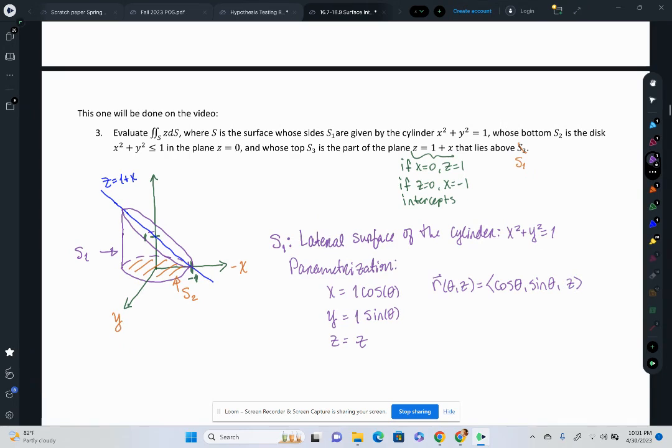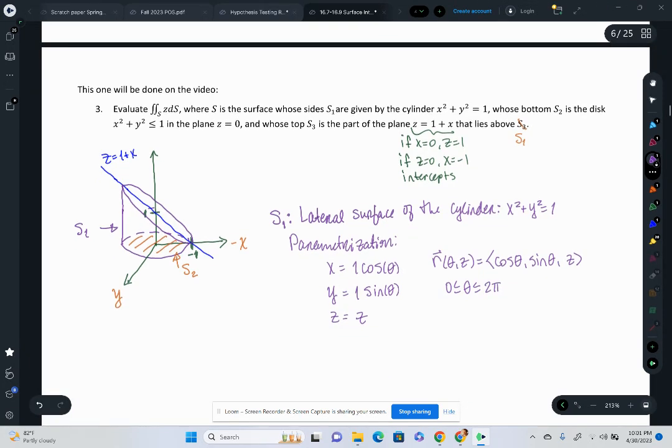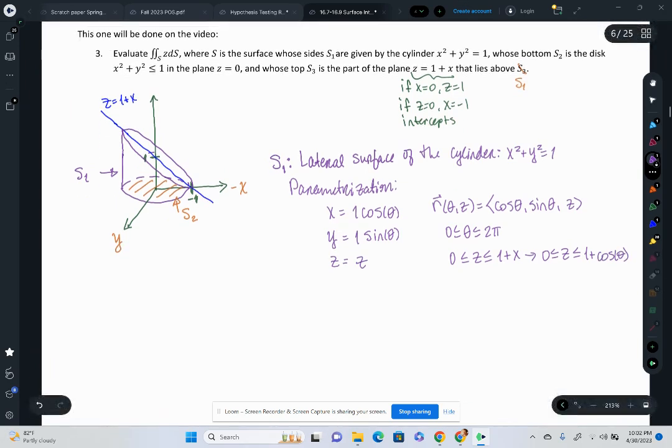We are still going all the way around, so we can say theta goes from 0 to 2 pi. Z, we know, is going from 0 to 1 plus x, the equation of the plane. But we're no longer working with x as an x. We're working with x as cosine of theta. So this means that Z is between 0 and 1 plus cosine of theta. Okay, so those are going to be the bounds for Z and theta.